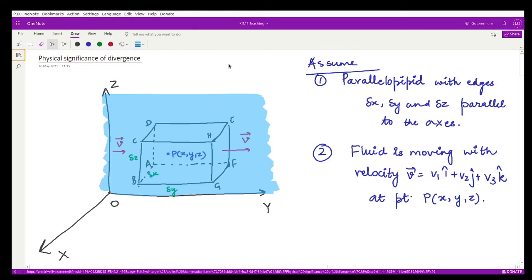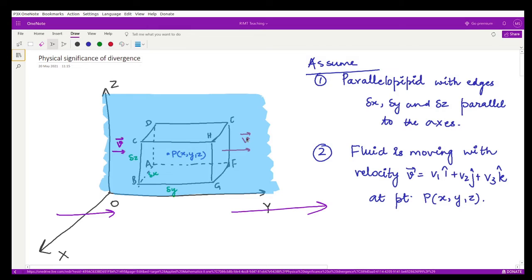This is our assumption. Another assumption is that it is filled with some kind of fluid. We assume that the fluid is moving from the left direction to the right direction, crossing this box with velocity v.